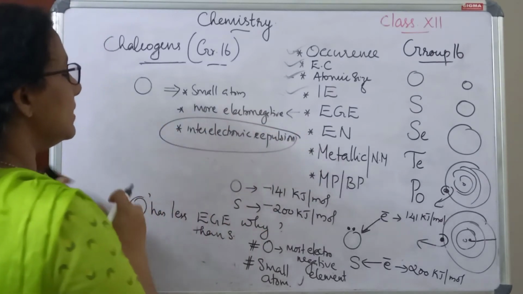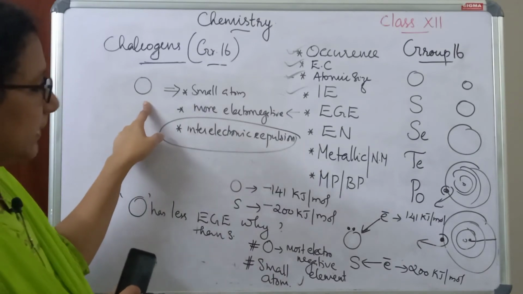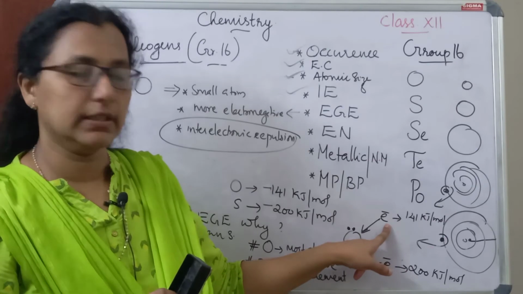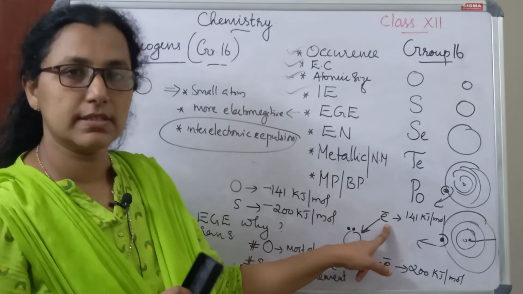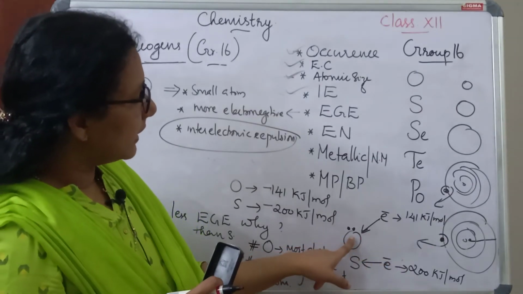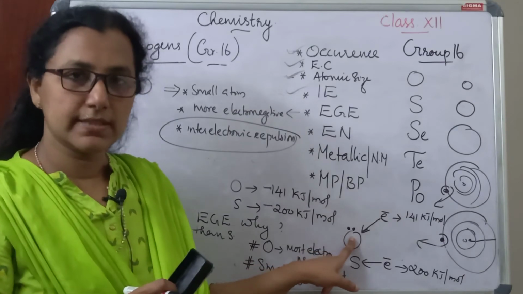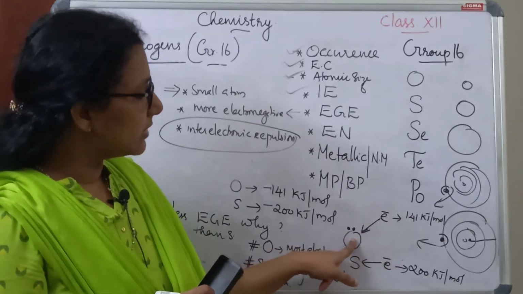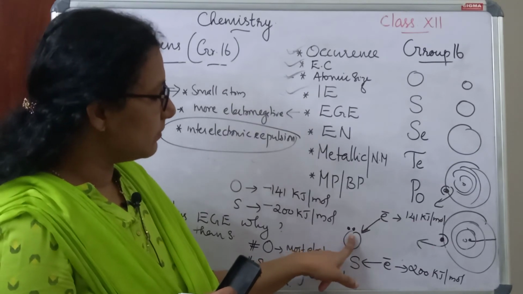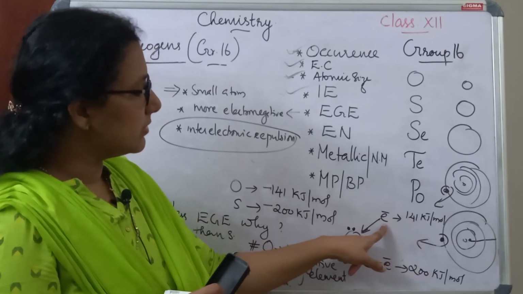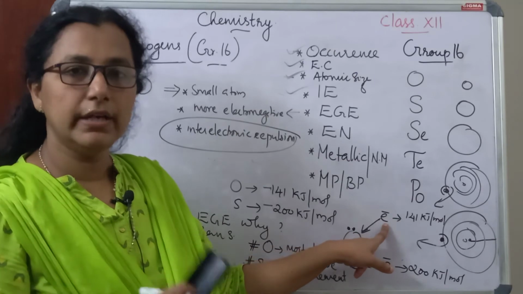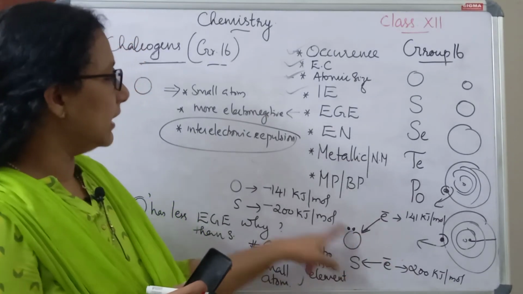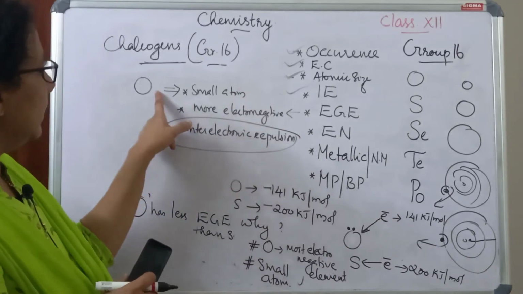So due to the interelectronic repulsion, it is not easy to accept an electron from outside. In the case of oxygen, the atom is very small. When we are trying to add one electron, it will be very difficult due to the interelectronic repulsion in the oxygen atom.